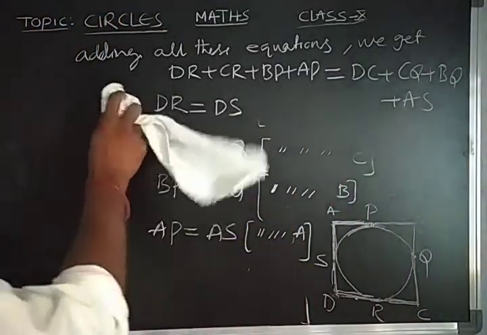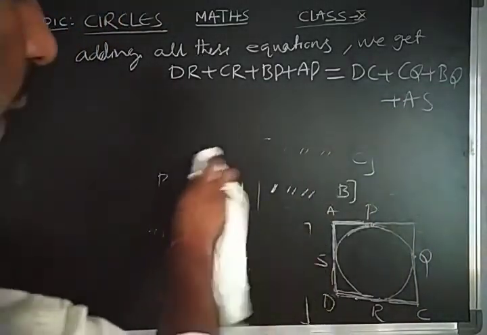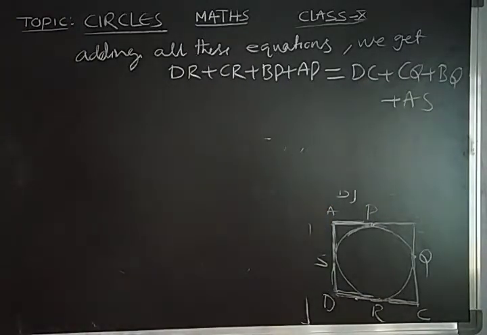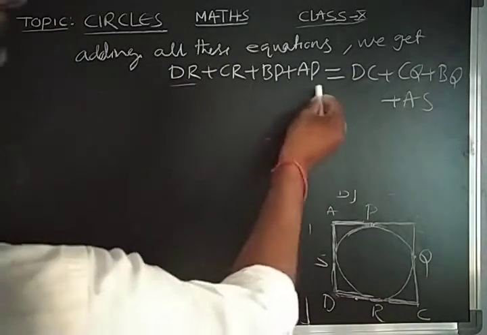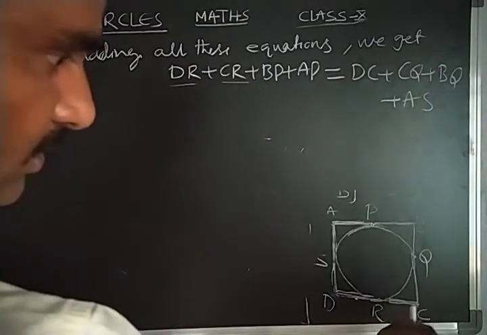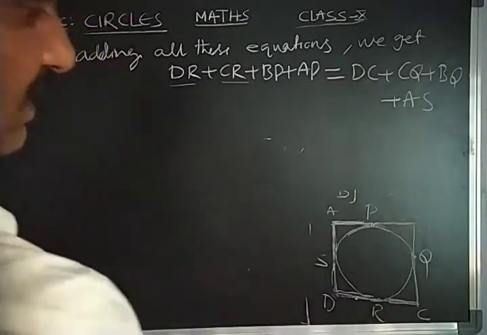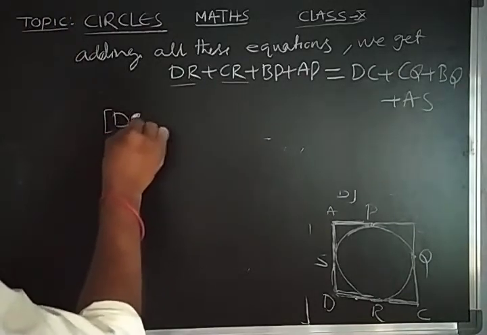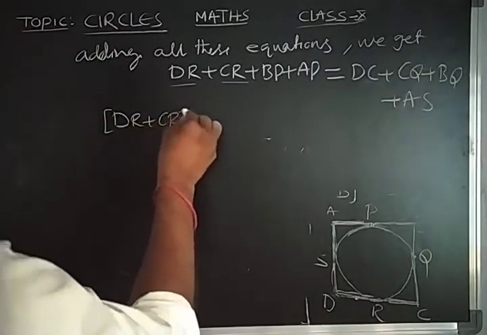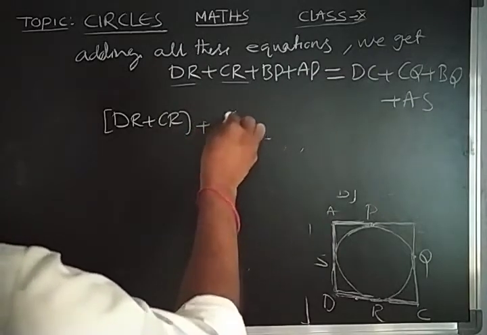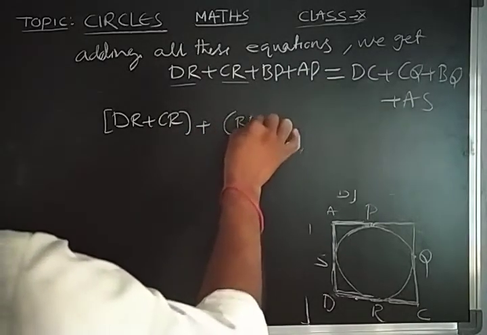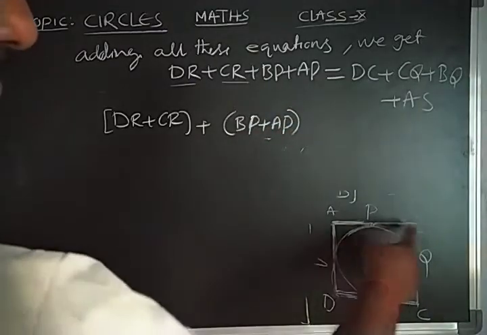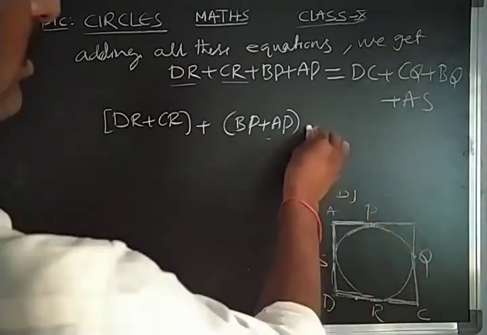Okay, right. Now observe the left hand side terms and right hand side terms. DR plus CR, observe the figure, DR plus CR will give DC. So I will write DR plus CR together, plus next BP plus AP together. Why? Because BP plus AP will give AB.